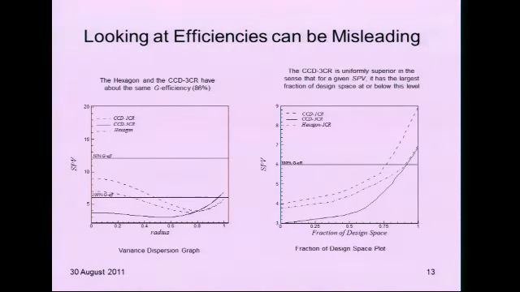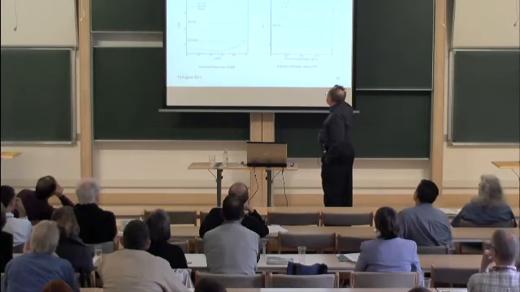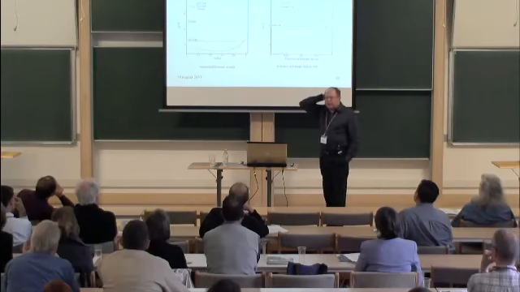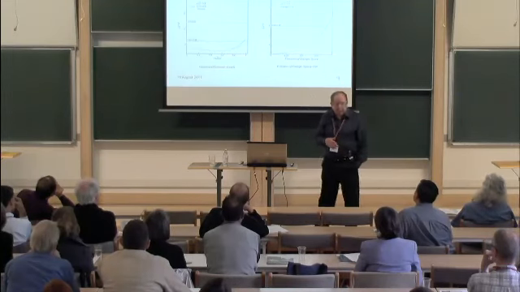If you look at the graph at the left end, the hexagon is just a little above that 100% G efficiency line, and at the far end the CCD is just above that. About 86% is the G efficiency for both of these designs.